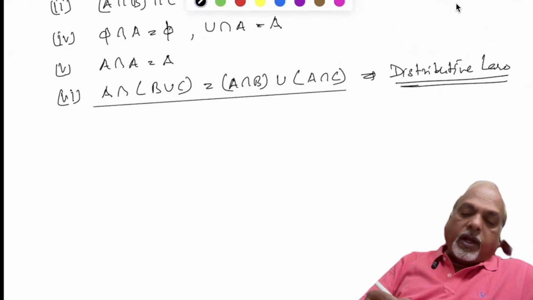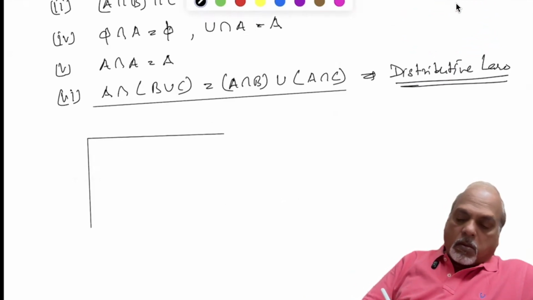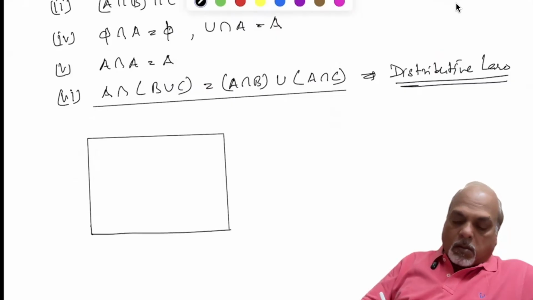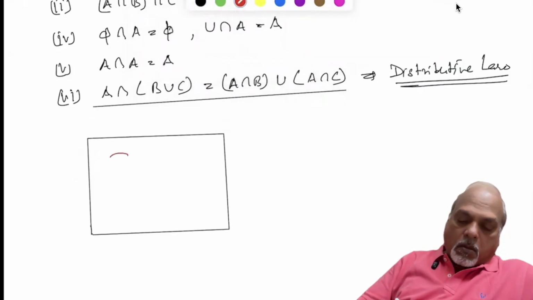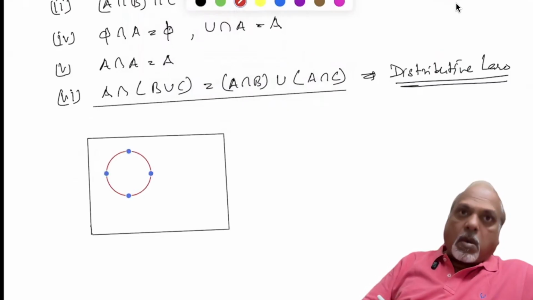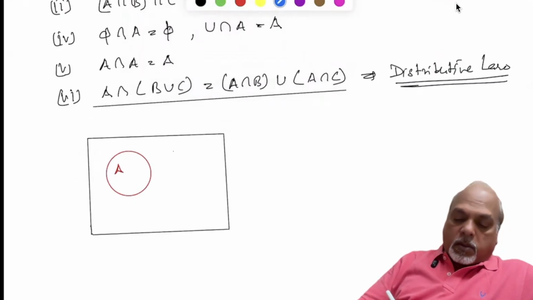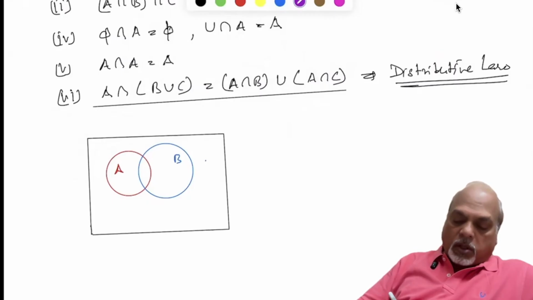Let us see this thing as a Venn diagram. Suppose you have this is A, then this is B, and another one, because C is also there.